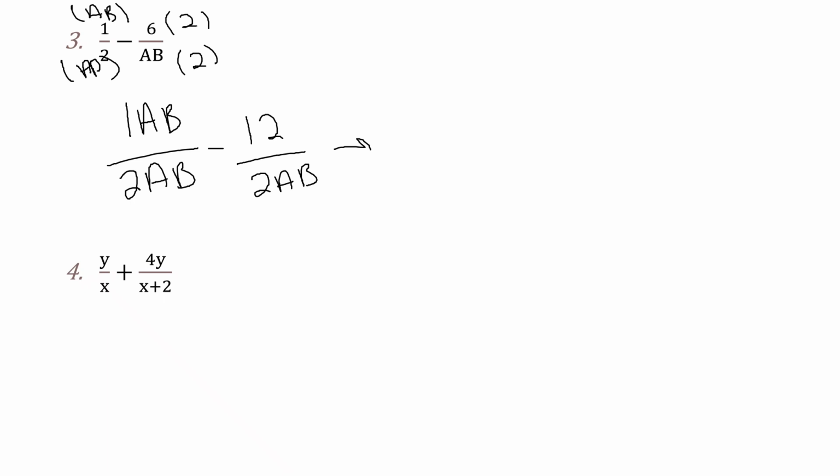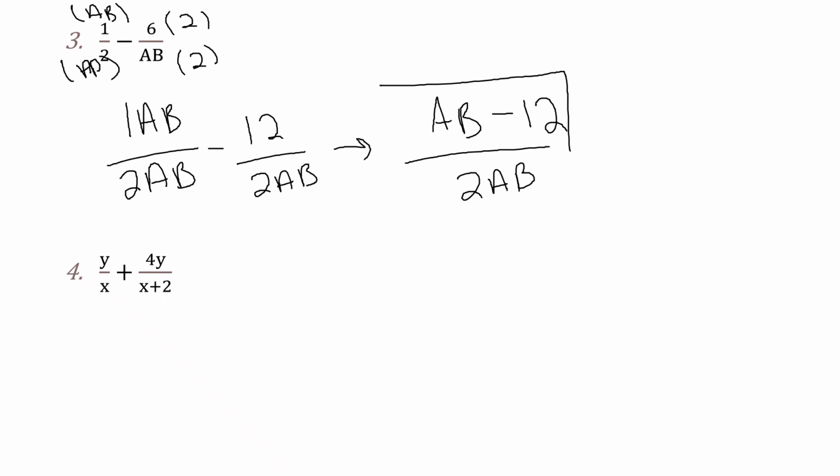They match, so I add my tops. However, AB and 12 are not like terms, so they can't simplify. Now for my final answer, I don't need this one. So that is my answer.